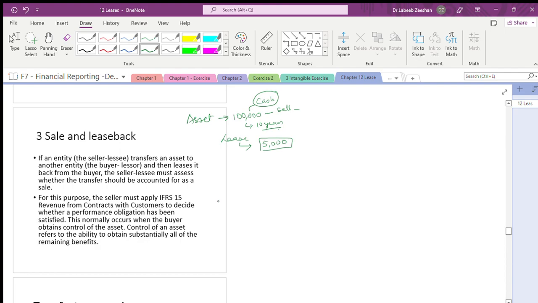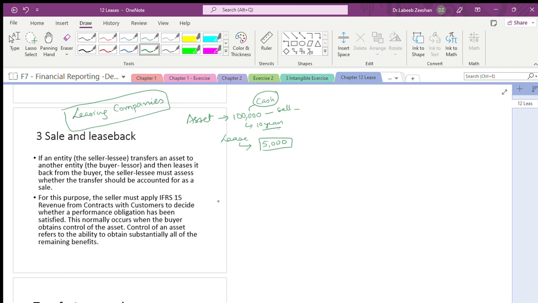That is the reason that in the market there are leasing companies. Leasing companies will buy the asset and in return lease the asset, maybe to the same company or to any other company. What is the reason?